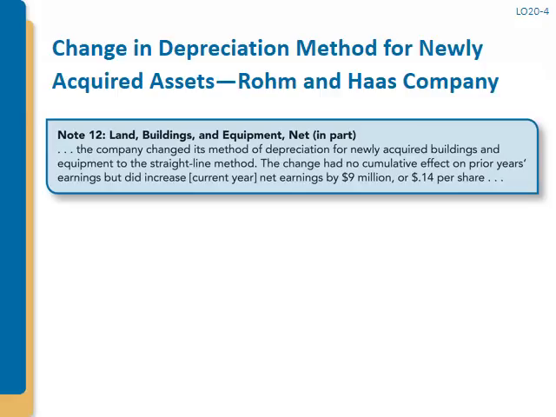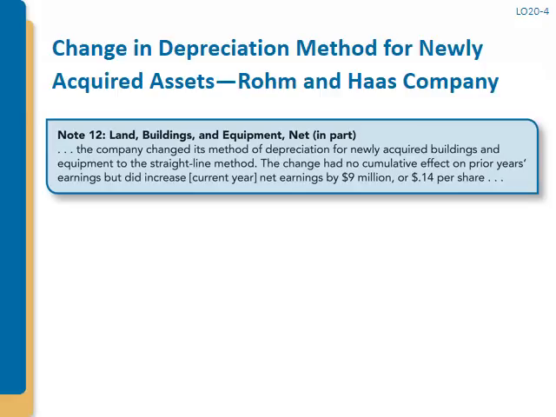Sometimes it's not easy to distinguish between a change in principle and a change in estimate. For example, if a company begins to capitalize rather than expense the cost of tools because their benefits beyond 1 year become apparent, the change could be construed as either a change in principle or a change in estimate of the life of the asset.